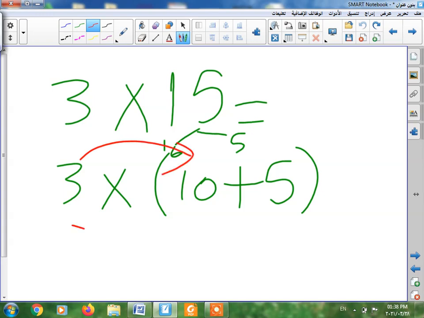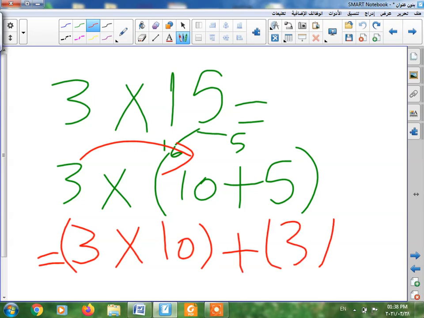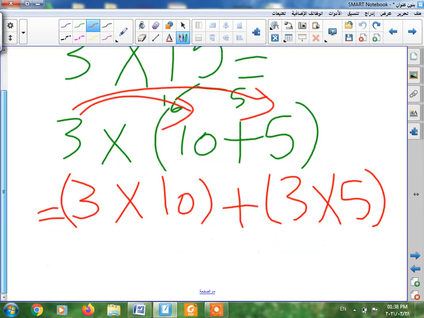We say 3 times 10 plus 3 times 5. 3 times 10 equals: any number multiplied by 10, put 0 on the right. 1 times 3 equals 3, or write the same number beside 0.